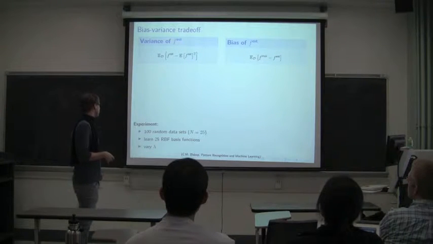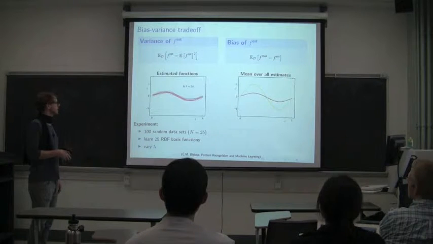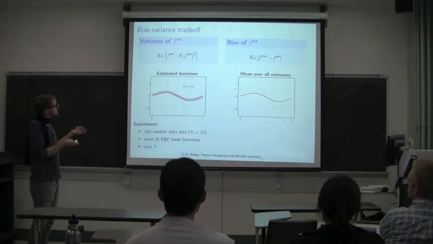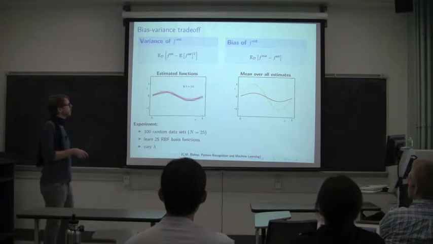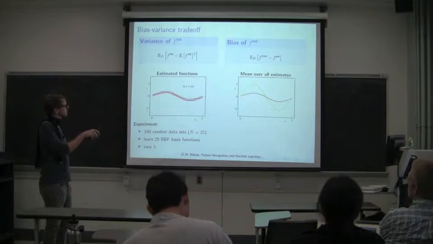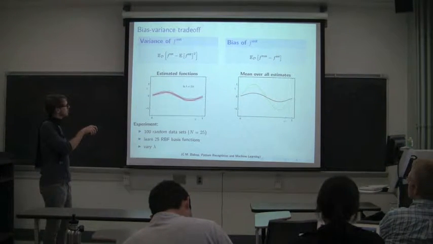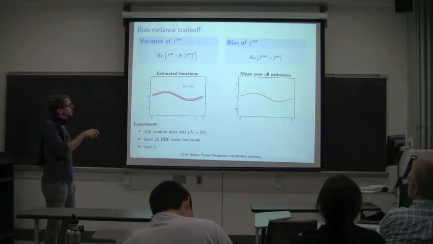And we also said that this parameter lambda affects bias and variance. If we choose lambda to be very high, then we get a large bias. This is the mean of all of these 100 learned regressors.